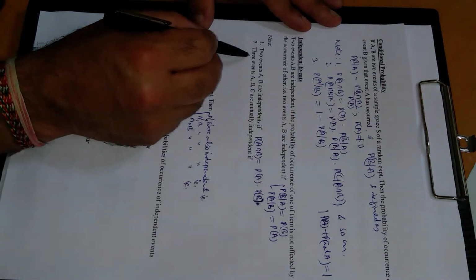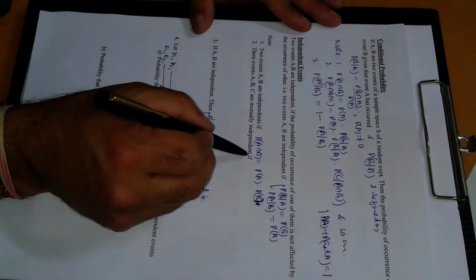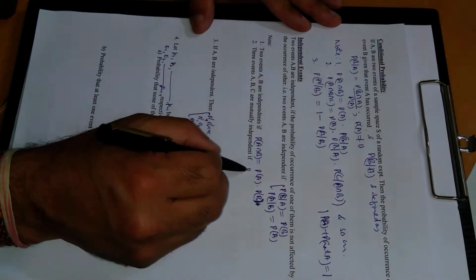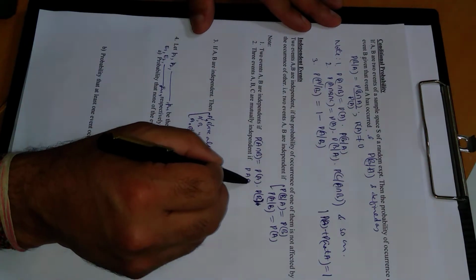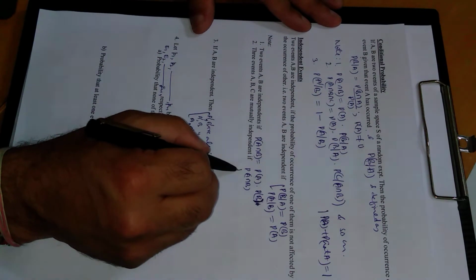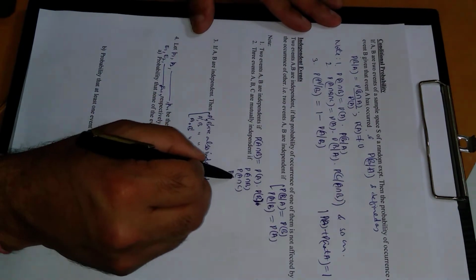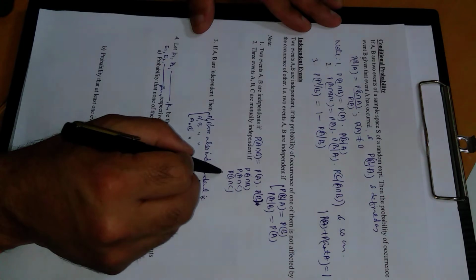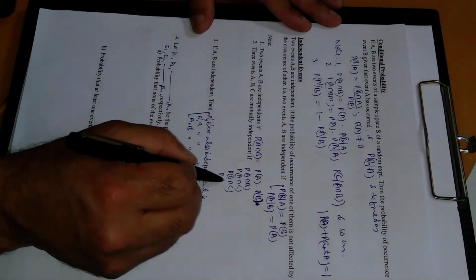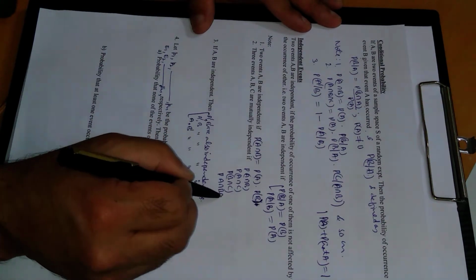All right. So next, three events A, B, C are mutually independent if A, B are independent, A, C are independent, B, C are independent, and finally A, B, C are independent.